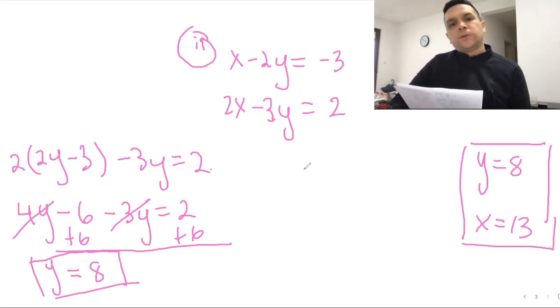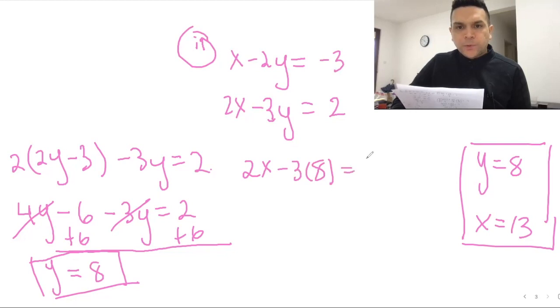And then I'm going to use the first equation. It should work out with either equation, right? Because I'm using this method to solve them. So let me use the second one. I have y equals 8. Let me find x. 2x minus 3 times 8 equals 2.